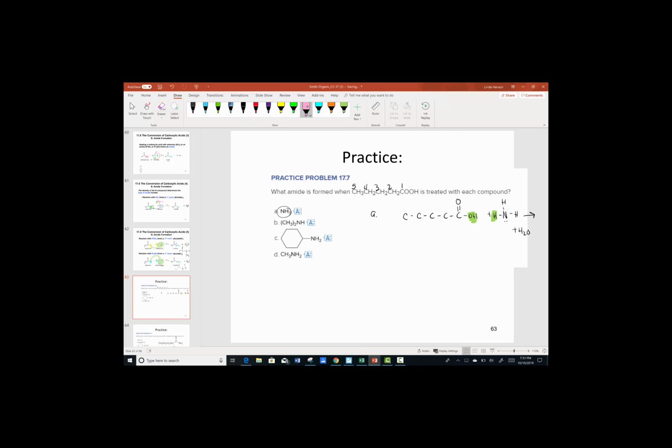And I understand that what's left over after I take one hydrogen off will replace the OH group from the original carboxylic acid. So in the end, the structure has 5 carbons, 1, 2, 3, 4, 5, the double bond O, and now an amide has formed.